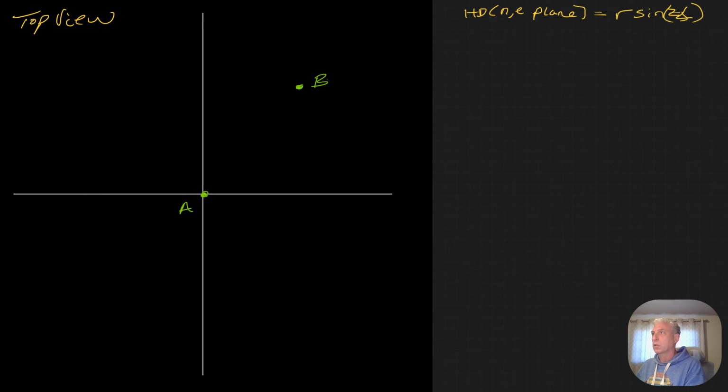And this is the vector we're shooting. So we can label our angles. So this is our northing axis, this is our easting axis, and we know what this angle is. Excuse me. That is our azimuth. So alpha equals azimuth.